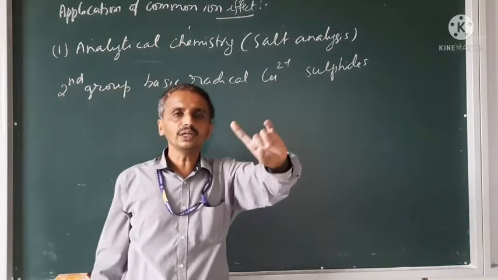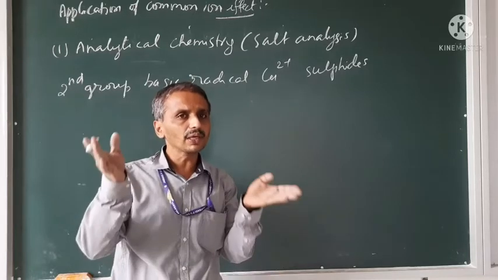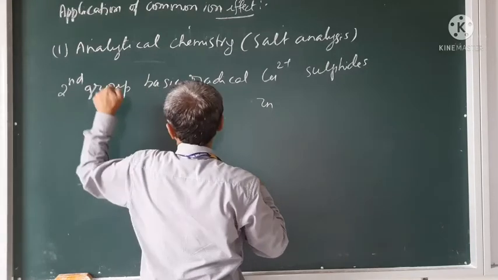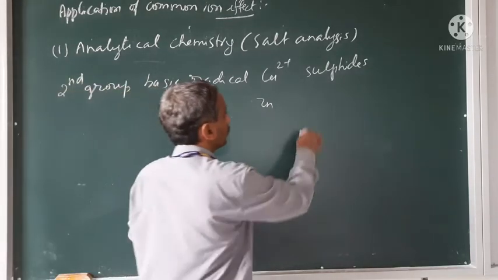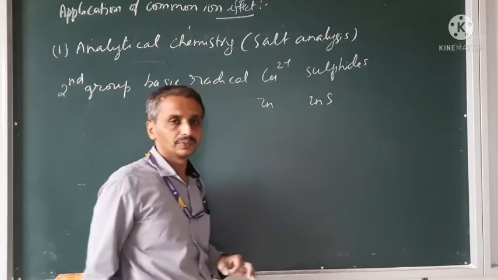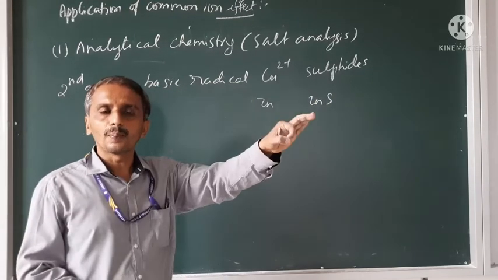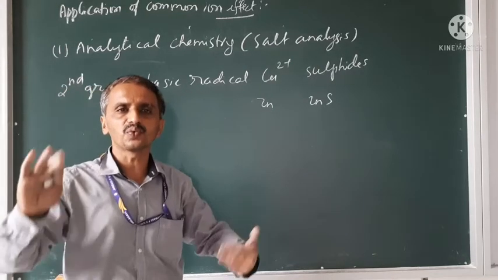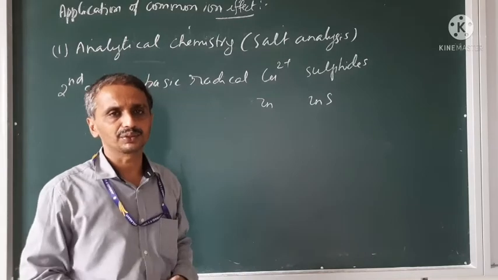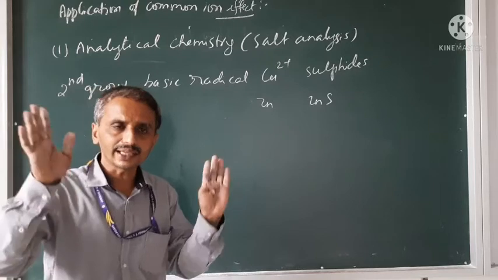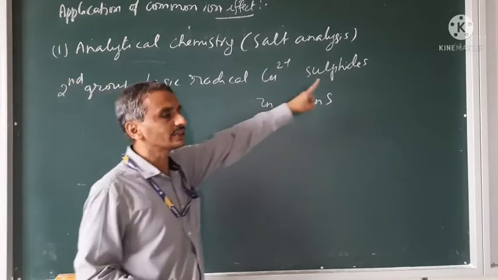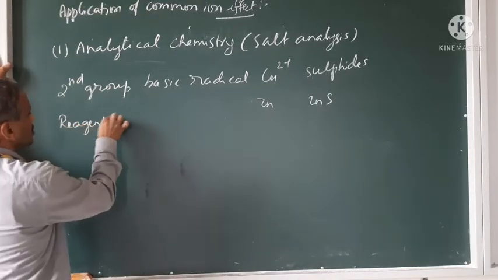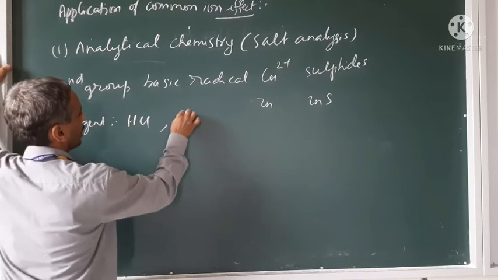Now, see, when you are given a salt, it is not that only copper will be there. You may be given a zinc salt also. So, zinc will react with this second group reagent to give zinc sulfide. But only copper sulfide precipitates, whereas zinc sulfide, aluminum sulfide, barium sulfide, potassium sulfide etc. will not precipitate. The reagent used is HCl followed by H2S.